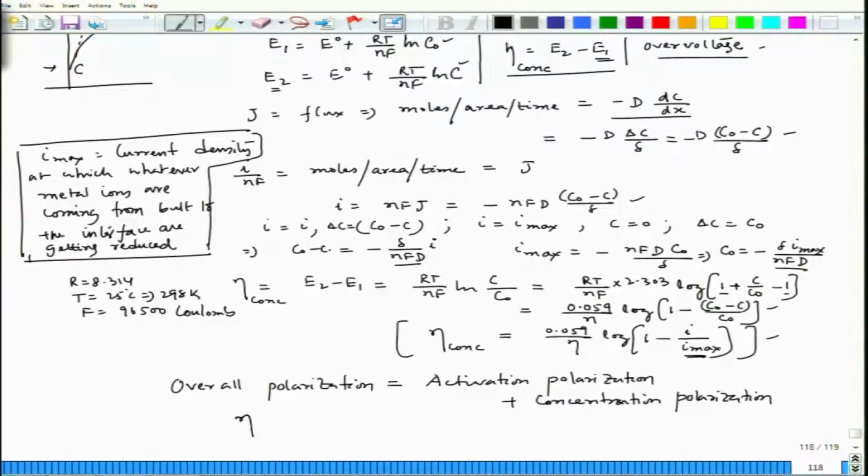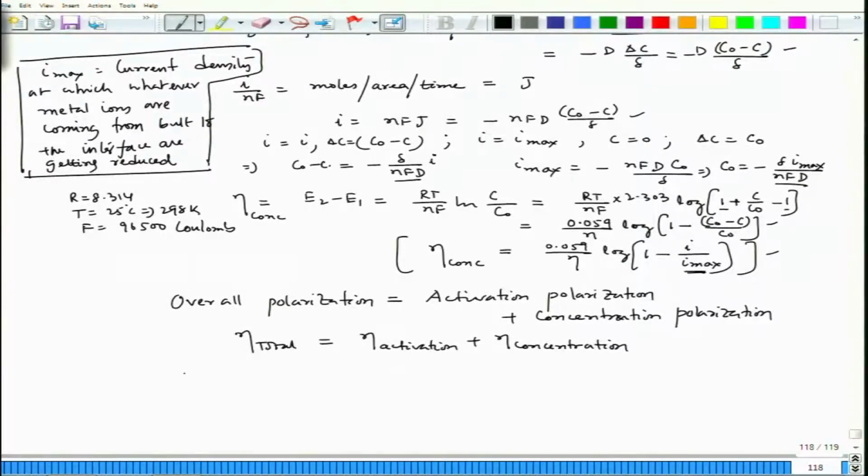So, I can write eta total equal to eta activation plus eta concentration, which should be 2.303RT/nF log (1 minus I by I max).